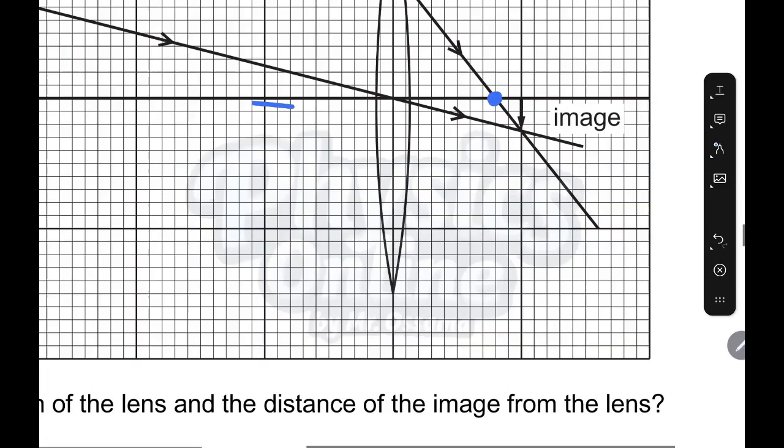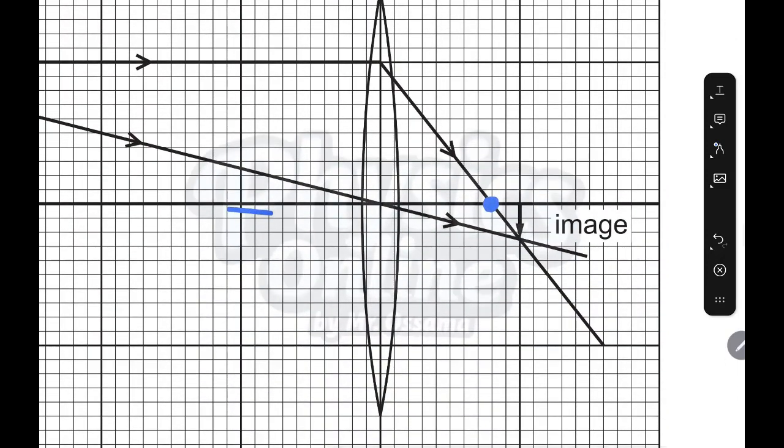The focal length is the distance from the optical center. Then this is the focal length. As you see here, 1, 2, 3, 4, 5, 6, 7, 8, so 0.8. For each square equal 5, so it equals 4.